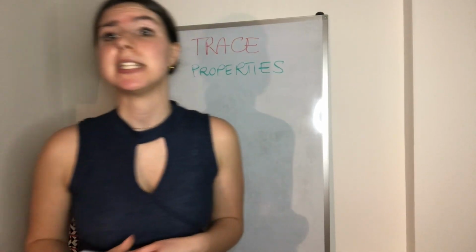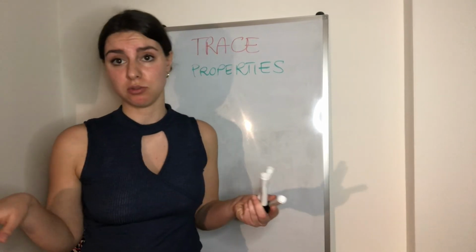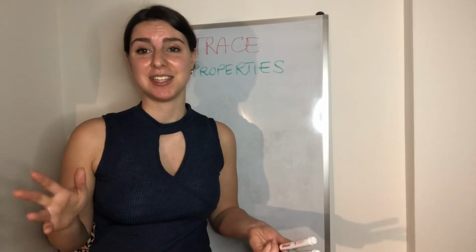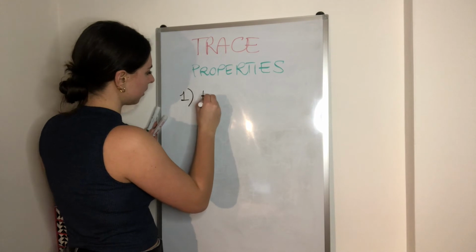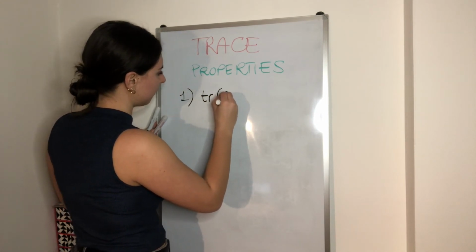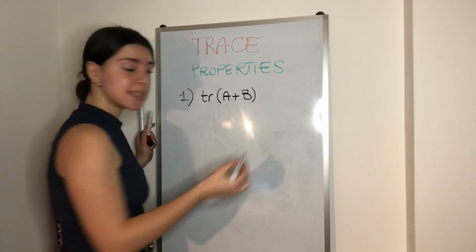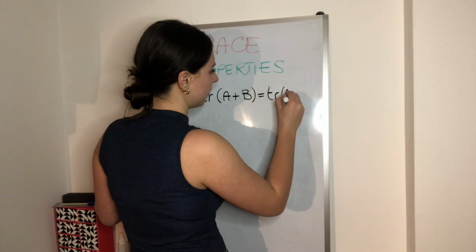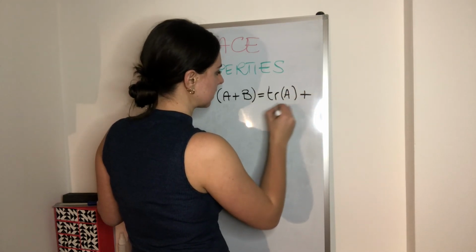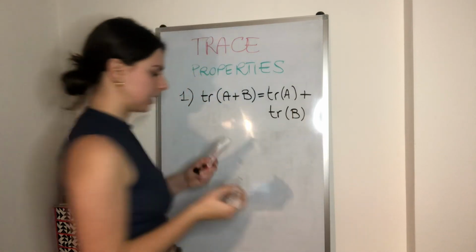Trace properties are absolutely easy, so I am just going to write a list. The trace of a sum of matrices is equal to the trace of the first matrix plus the trace of the second matrix.